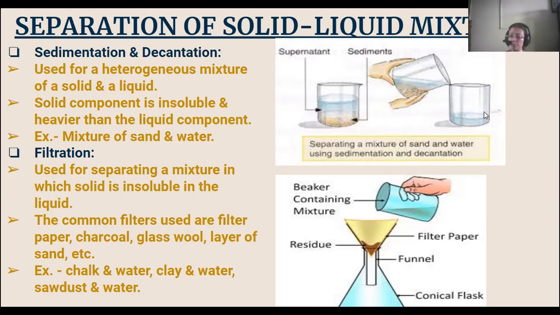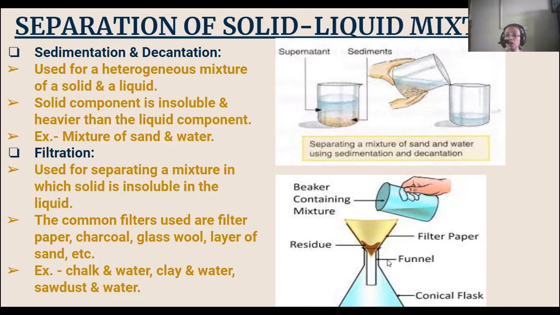Now in this picture, you can see a filter paper which is used in a funnel. It is attached to a funnel, and the mixture is poured in through this funnel. The component that is insoluble in the liquid will get collected in the filter paper inside the funnel. That will be the residue.